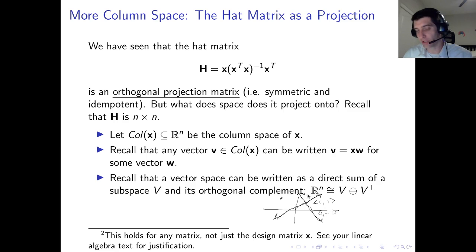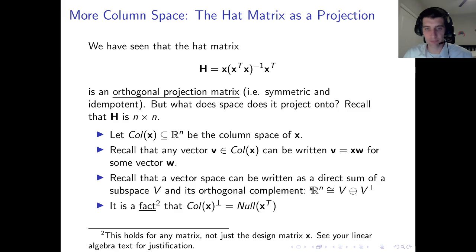And as the picture suggests, it's kind of intuitive: you break it down into how much you have in V and how much you have in V perp. It is a linear algebra fact that if you take the column space of X, everything that's orthogonal to that is equal to the null space of X transpose.